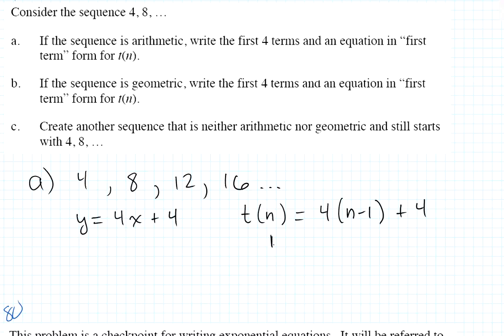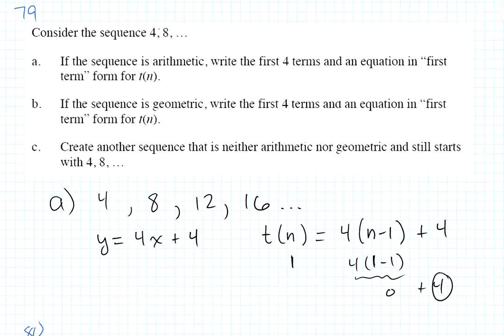To find the first term, I would put a 1 right here, and it becomes 1 minus 1 times 4, which is just 0. So this becomes 0 plus 4, which is my 4. So you can see when I plug 1 into the input for this function, it produces the value it should produce first, the value of 4.